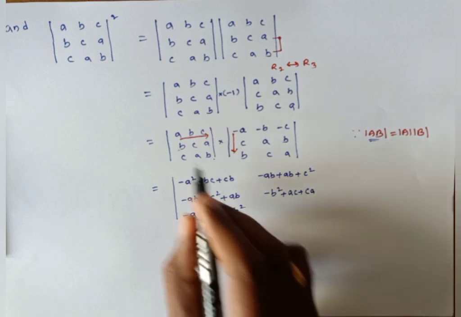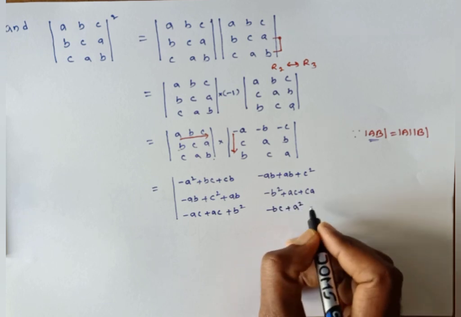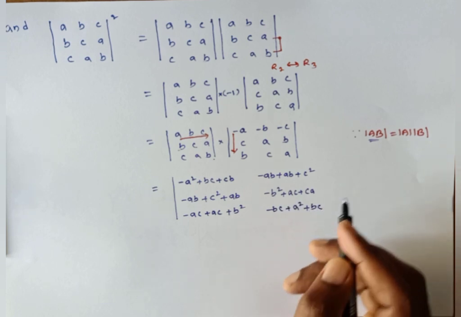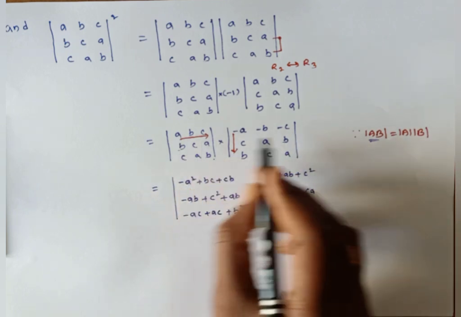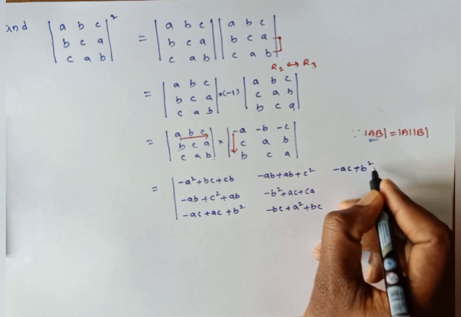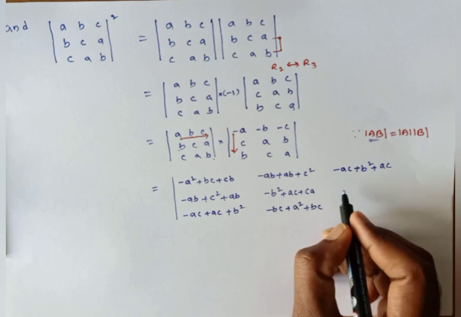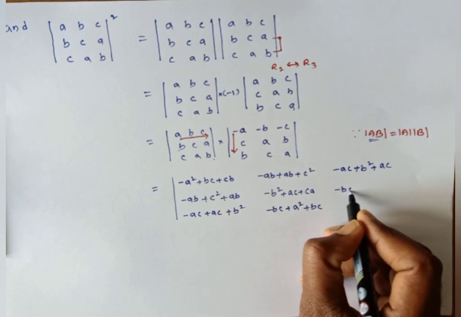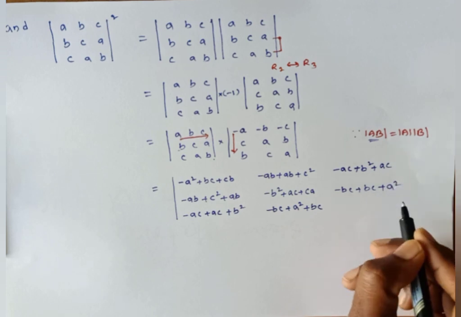Next, c into b, minus bc plus a square plus bc. And next, c into a into minus c, that is minus ac plus b square plus ac. Next, minus bc plus bc plus a square.